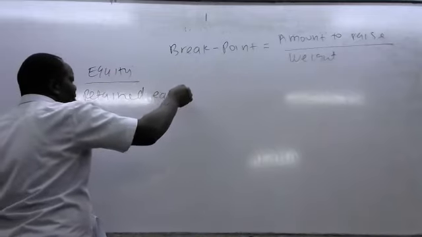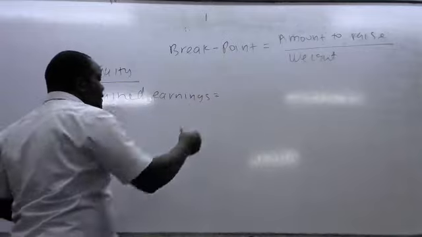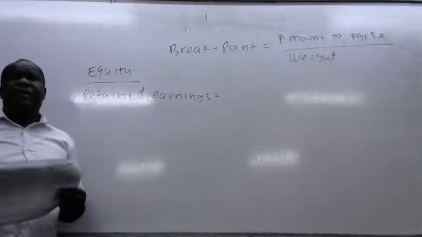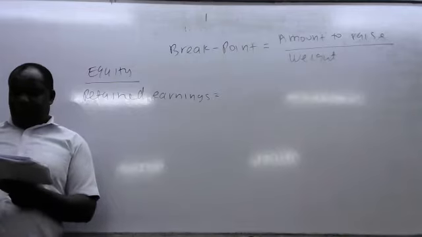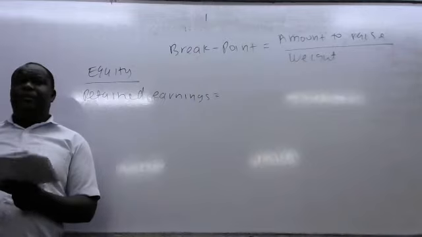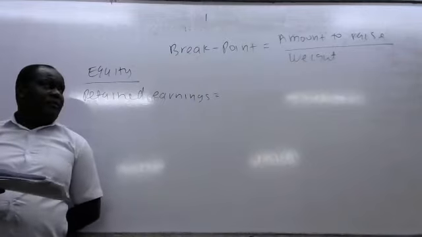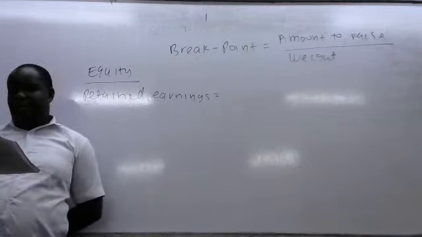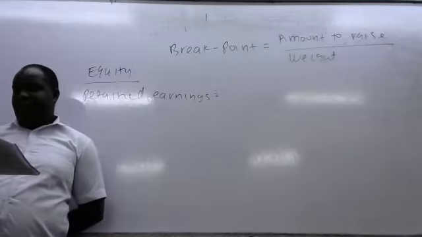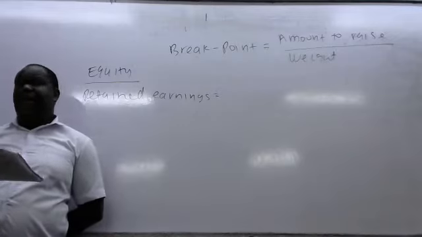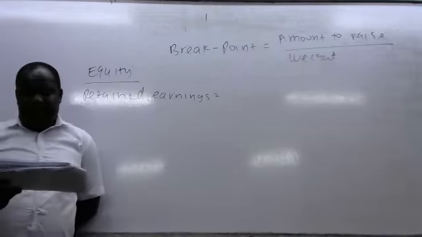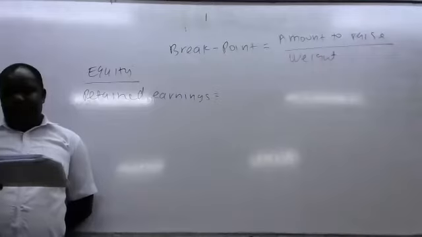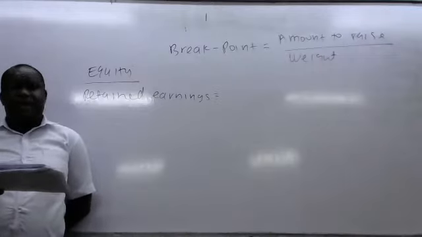To get the amount for the retained earnings, I want you to check the sources of capital. You have been given that the management of Kensel Limited forecast after-tax earnings for the forthcoming year to be 2.5 million.